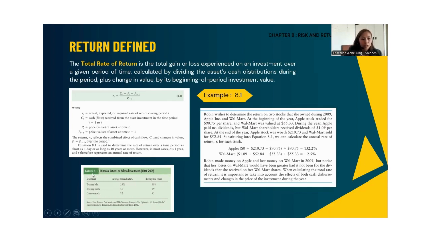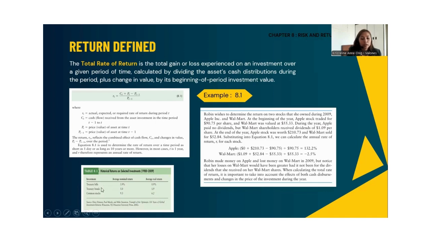We can see here in Table 8.1 that it differentiated the investment from treasury bills, treasury bonds, and common stock, showing the average nominal return versus the average real return. You can see here that for treasury bills and bonds, the average return is lower than the common stock, which is 9.3 and 6.2.